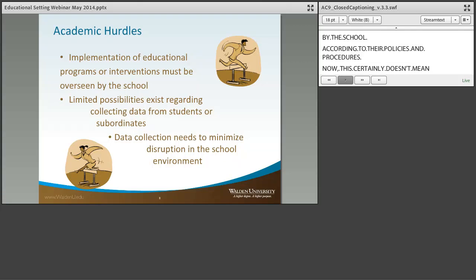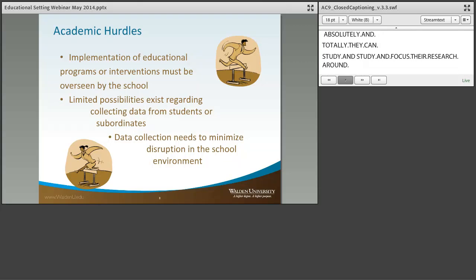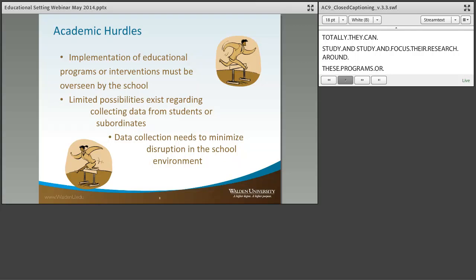Absolutely and totally, they can study and focus their research around these programs or interventions. They just need to separate, which can be very, very difficult for students, the curriculum or that intervention, which would be overseen by the school, from the research, which would be learning about that intervention or that curriculum.